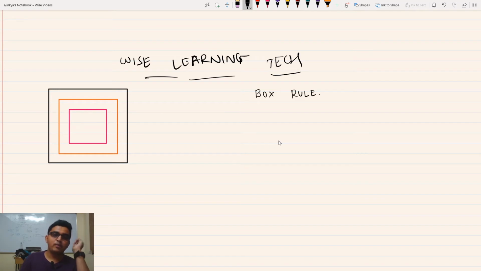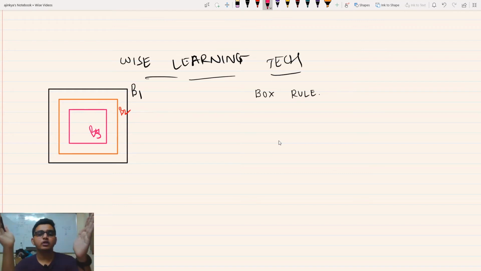So we'll call the black box B1, the orange box B2, and the pink box B3, right? Now just imagine that you have to open all the boxes, but every box is inside the other boxes. Like B2 is inside of B1 and B3 is inside of B2.